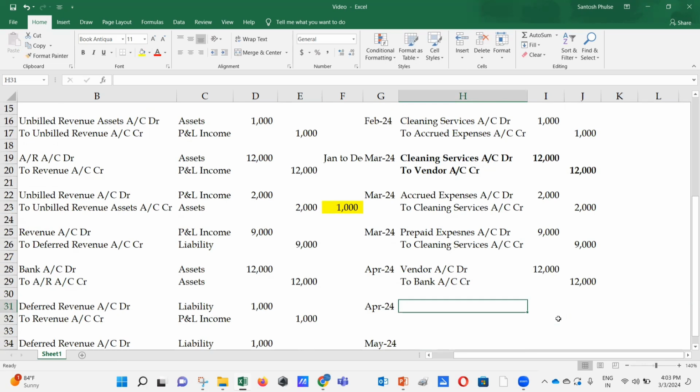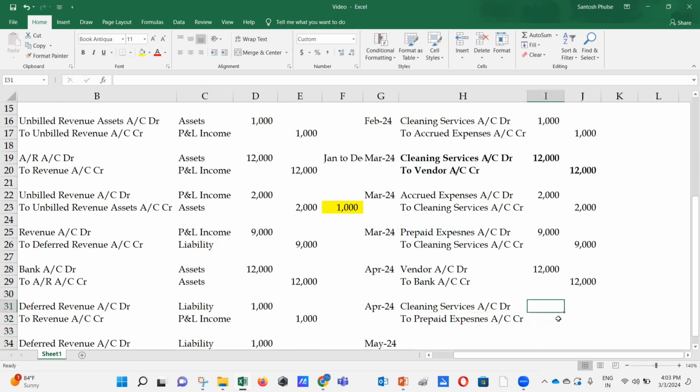Now, when you are in April, you have to do the expense booking from your prepaid expenses. So your entry is going to be cleaning services account debit to prepaid expense account credit.